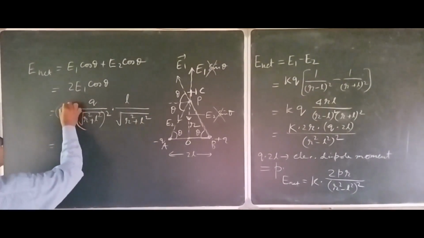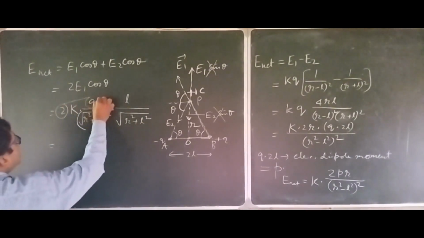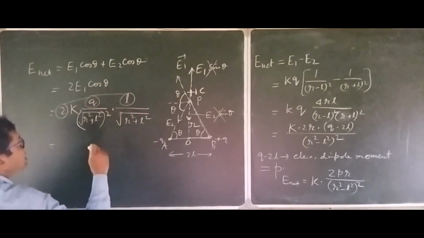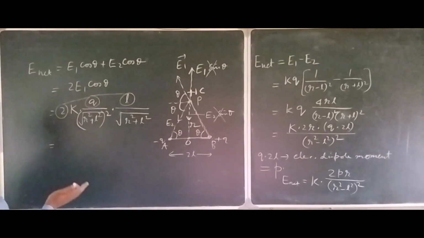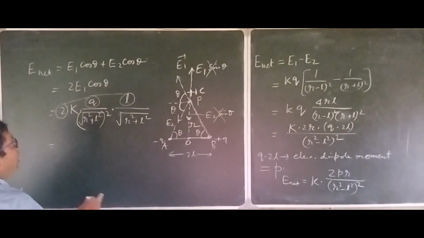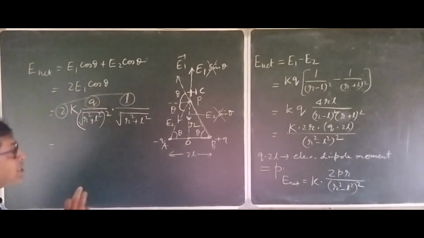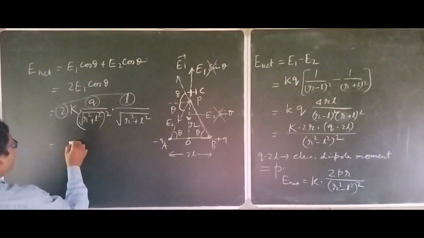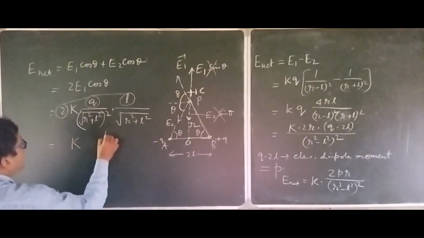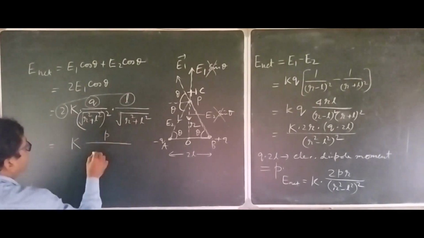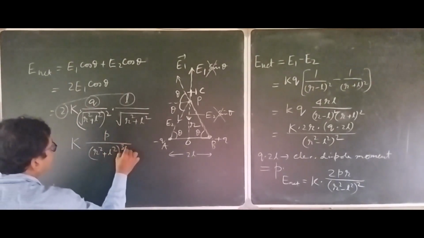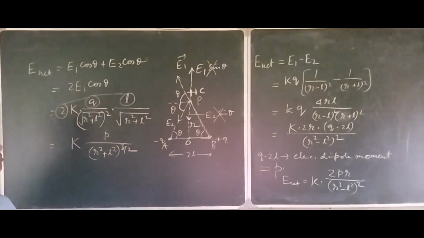Now in this case also we see that Q into 2L, that means each charge into the distance between the two charges, and what we know, this is equal to the electric dipole moment, that is P, and these two combine together to form to the power 3 by 2.